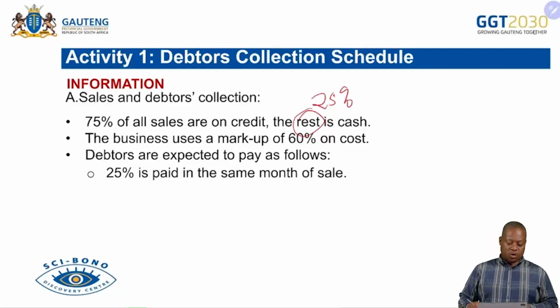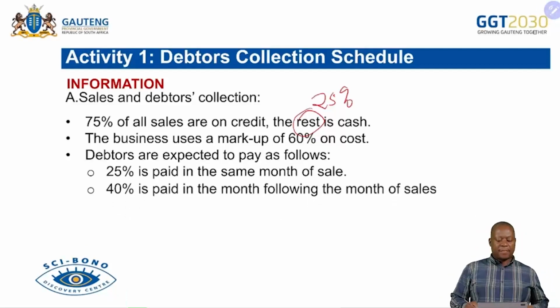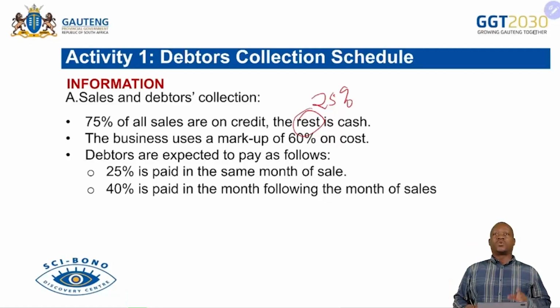And then it also goes to say 40% is paid in the month following the month of sale, which means you sell in January, 40% is only received in February. So you sell in January, 25% is received in January and 40% in February.